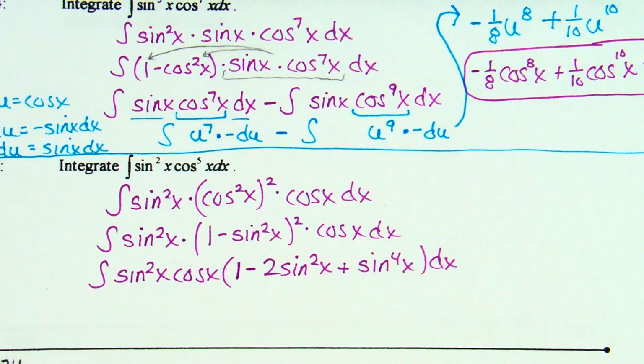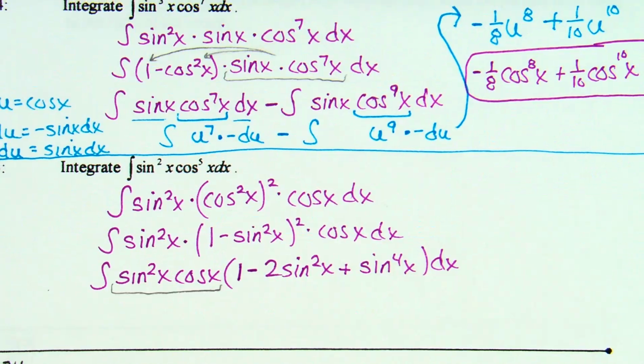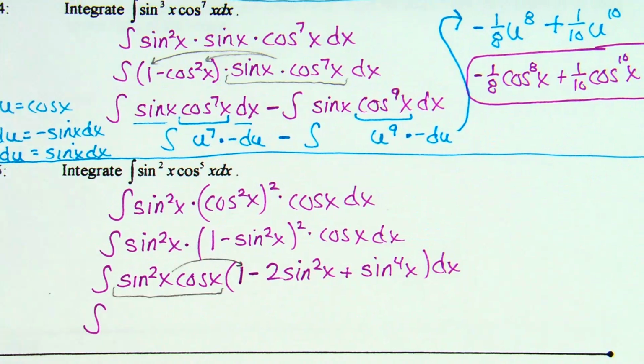You see how I'm doing this? My first integral is sine squared x cosine x times 1, which is just going to be sine squared x cosine x, and of course, as always, dx. My sign that goes in between my next integrals is a minus.